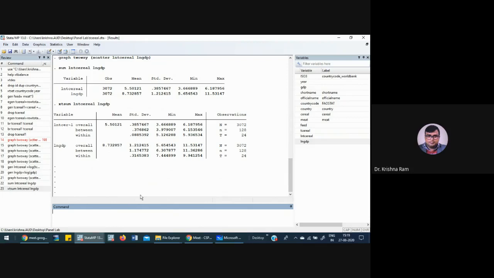The between one is across cross-sectional units. I told you last time when we were working with the theory, we will take an average of a particular variable for each cross-sectional unit, and after taking the average, when we compare that average with the other cross-sectional units, that gives us between variation.